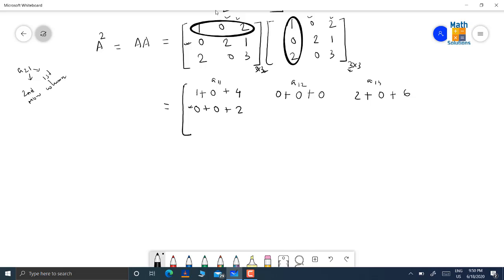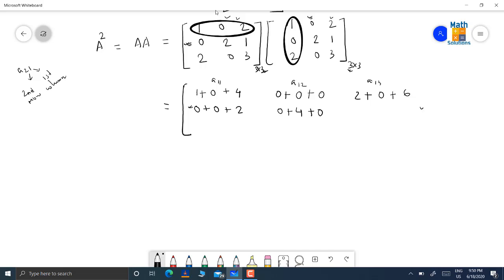Then after, again, for getting a22 position, we have to choose this row and this column. So it will be 0 into 0 will be 0, plus 2 into 2 it is 4, plus 1 into 0 will be 0.